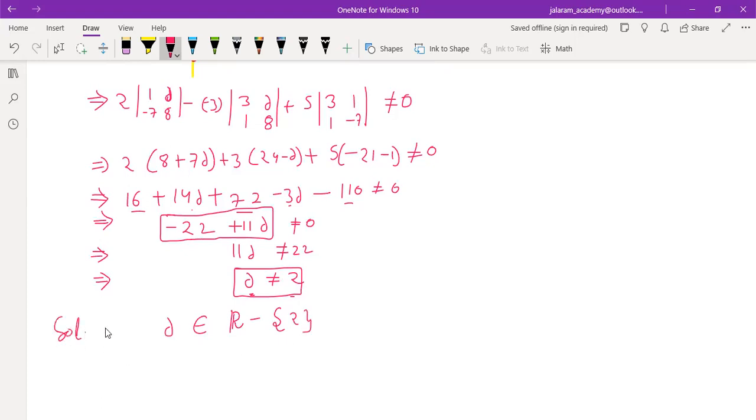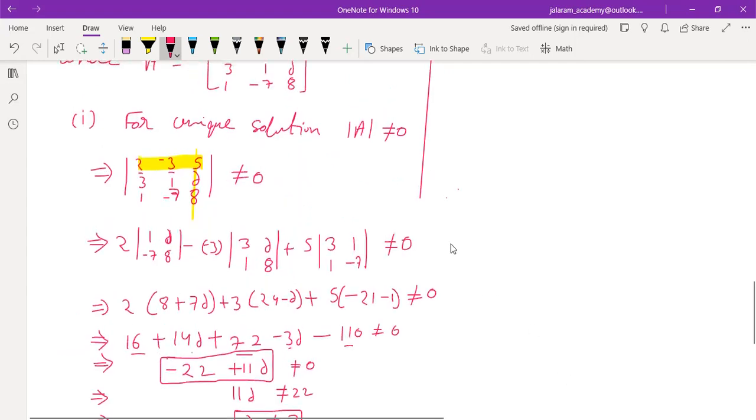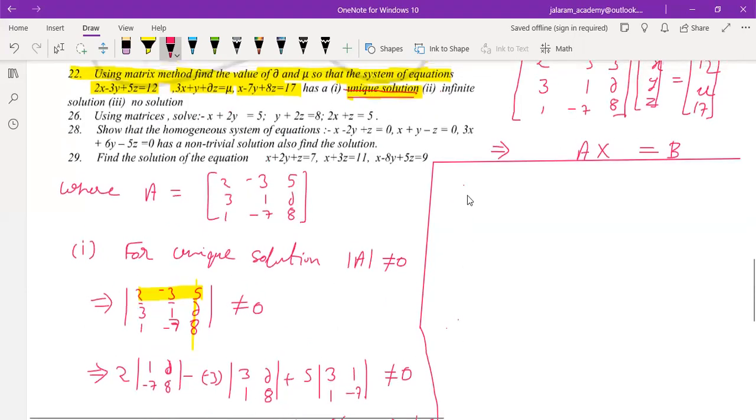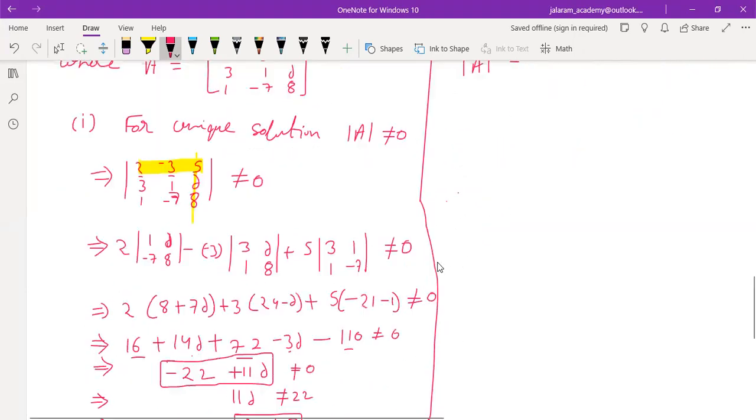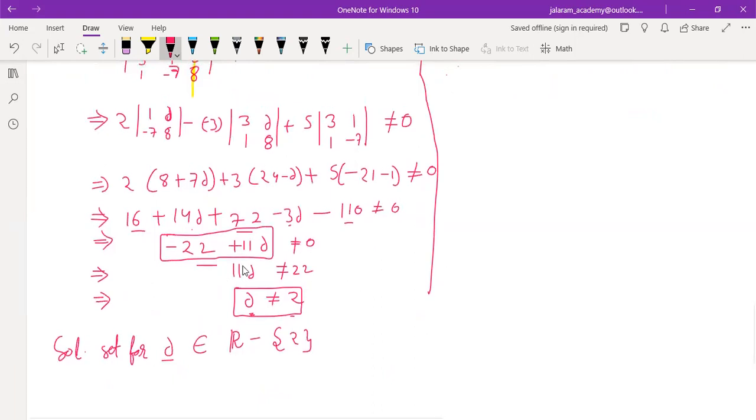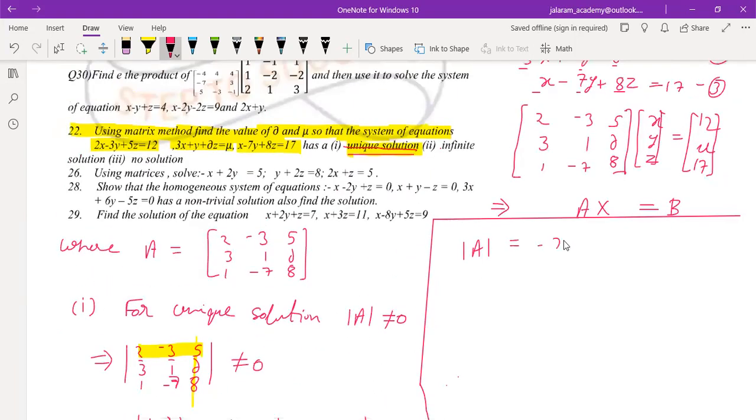This is the solution set for delta. And also remember that determinant of A equals to what? It is minus 22 plus 11 delta. If we take 11 common, 11 into delta minus 2, which is the value of determinant of A, and will be used in other parts also.